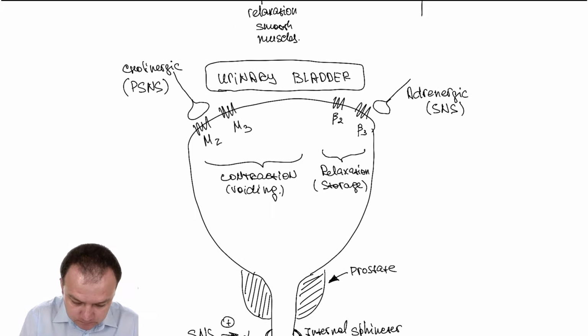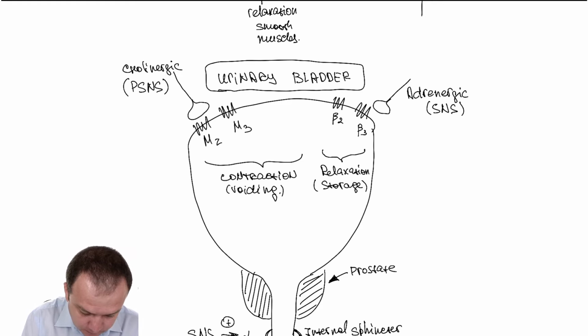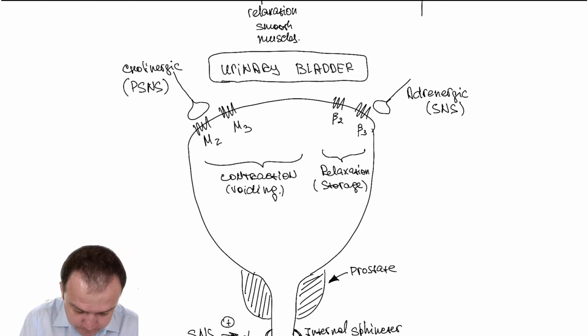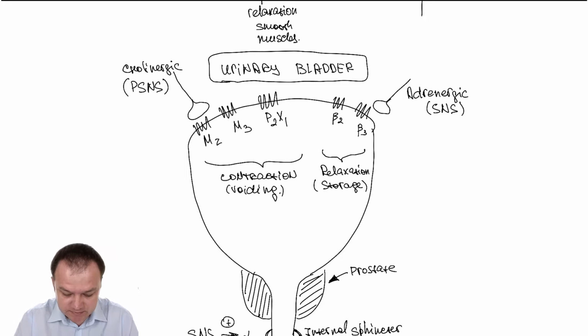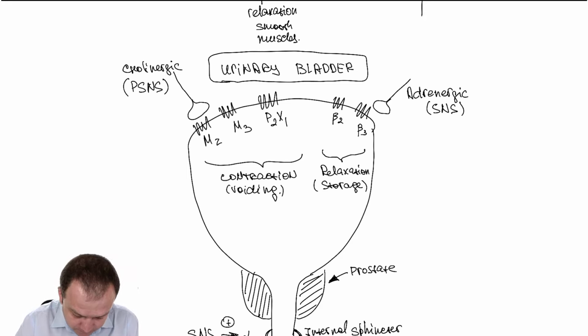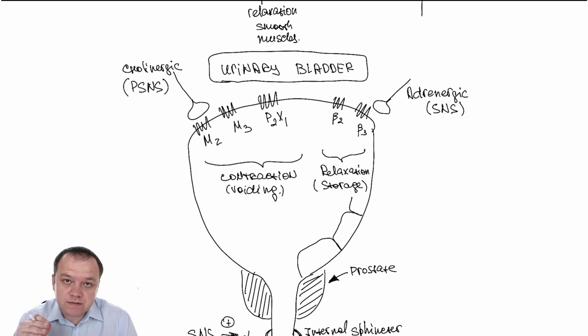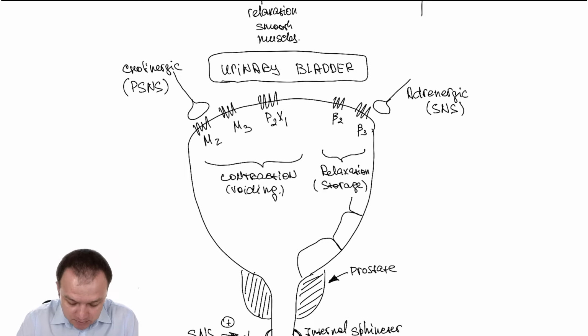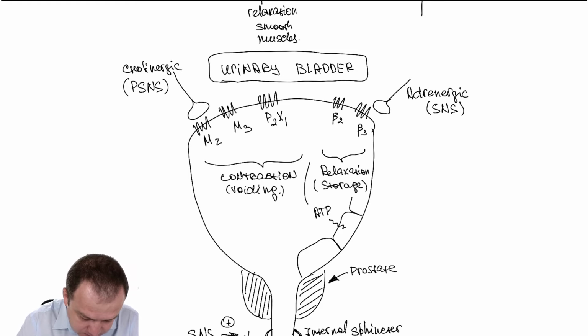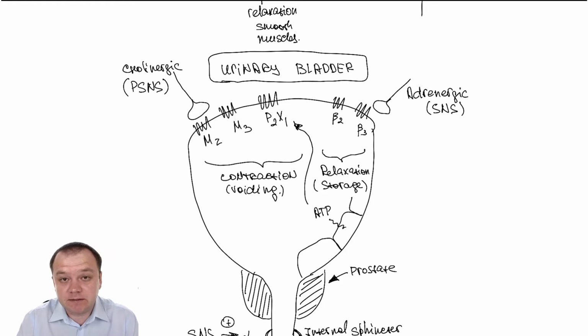Very interesting that we have purinergic receptors here also. They are called P2X1 receptors, and the urothelium, the cells, releases additional relaxing and constricting factors, and these might be ATP, and ATP acts on this type of receptors, also participating in contraction.